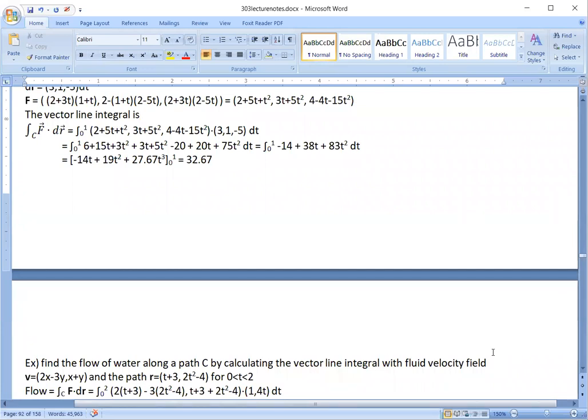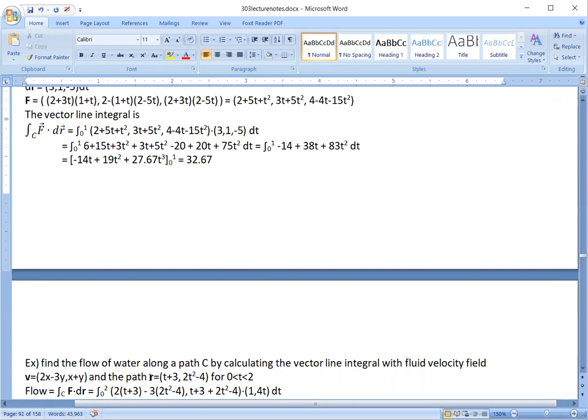So the flow is the vector line integral, and we just need to write it out now. So the integral over the curve of f dot dr. On the curve, we're given the boundaries for t are 0 to 2. The vector field is 2x minus 3y, but we're given the parameterizations.